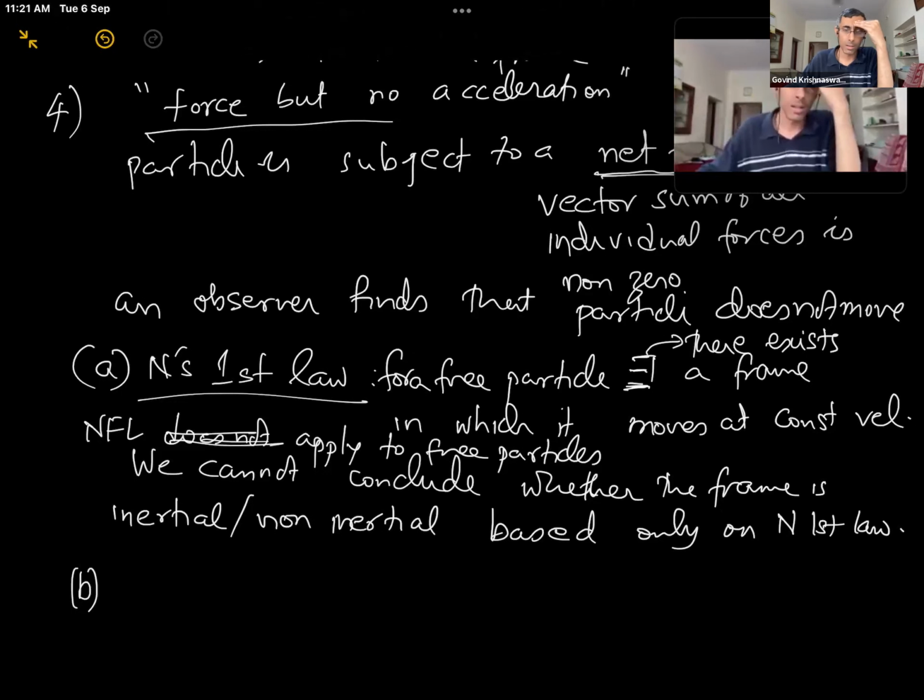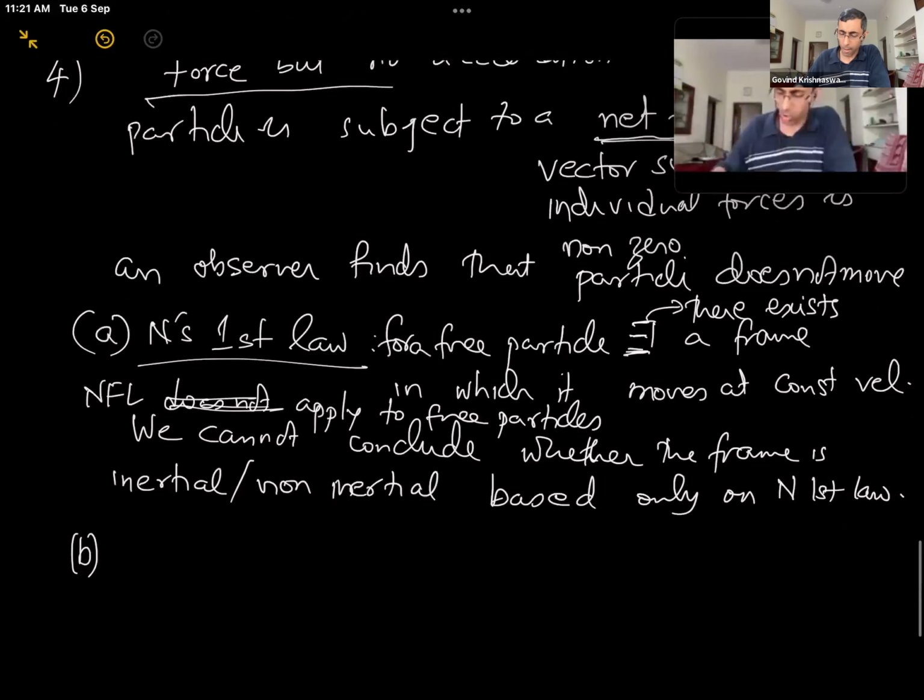You are saying that the second law, in a sense, can be used to define an inertial frame. Okay, I'm a little bit hesitant to do that. Let me think over that once more.